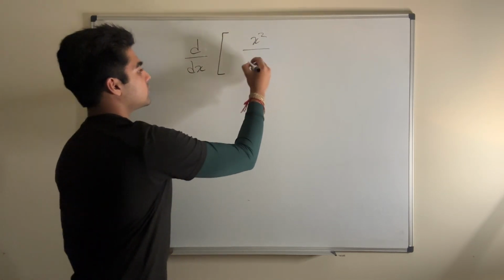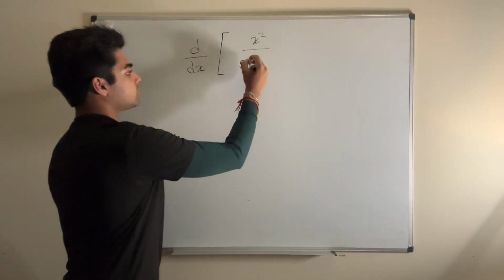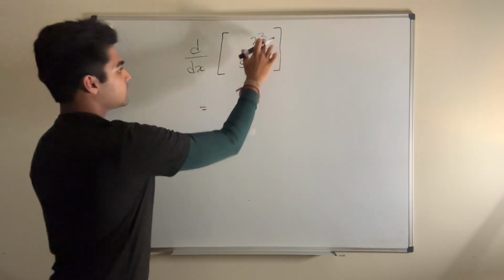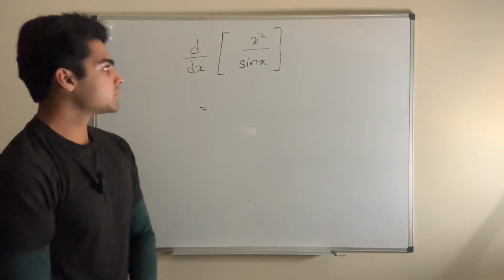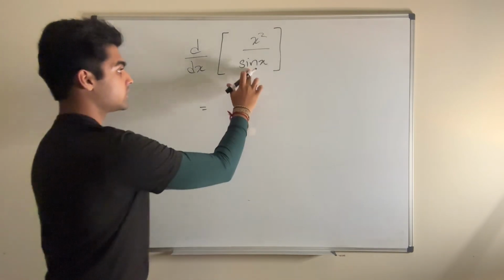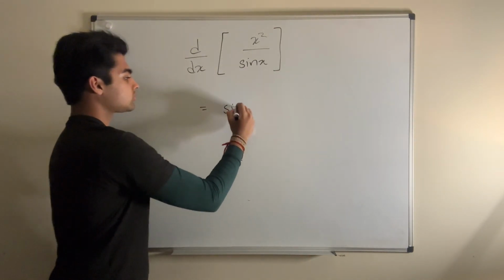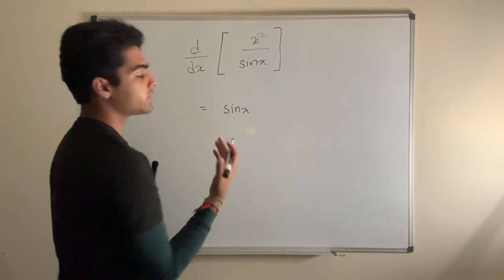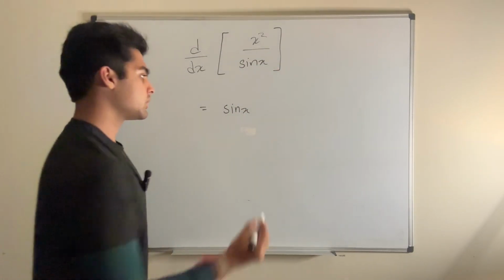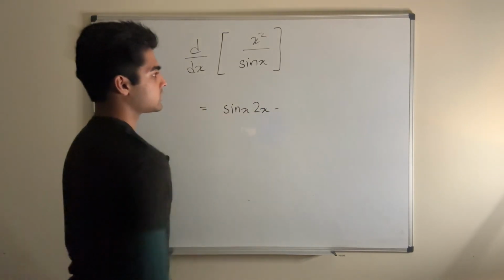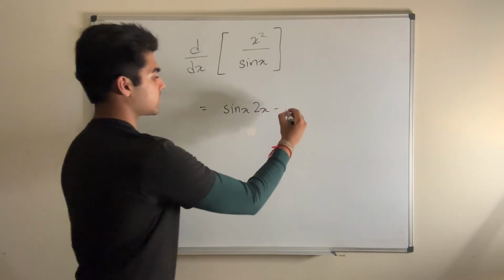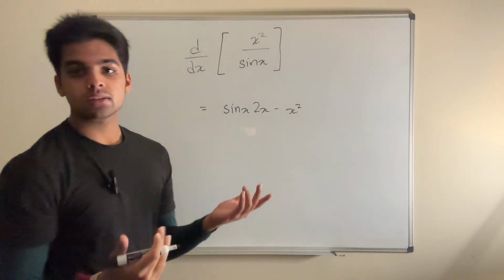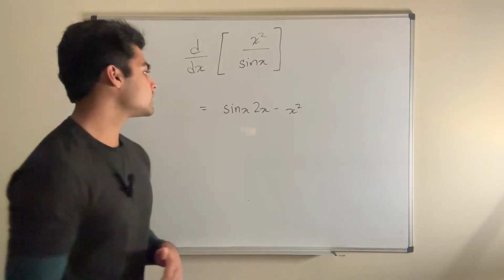X squared over sine x. So first thing we're gonna do: low d high. Low is gonna be sine x, d high, derivative of the top part, so that's derivative of x squared, which if we use the power rule is just 2x, minus high d low, so high is x squared, derivative of the low part, so derivative of sine x is just going to be cosine x, as we saw in the last video.